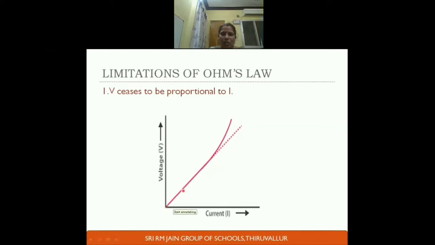From the origin up to this point, this is a linear graph. When we increase the current, the voltage also increases up to this point, and this dotted line indicates the linear Ohm's law. But after this point the current and voltage relation is not linear. You can also say that V ceases, that is, V stops to be proportional to I. And this graph is for metals.